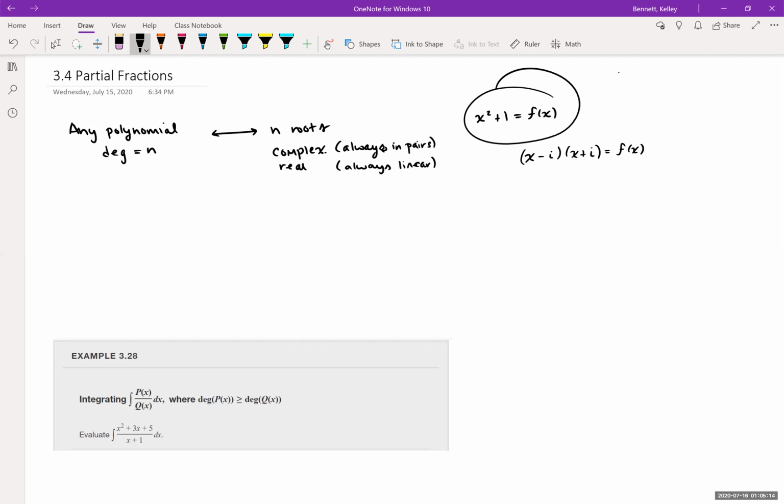So the cool thing about polynomials is, well, if you didn't think that was cool, maybe reevaluate yourself, because that's awesome.